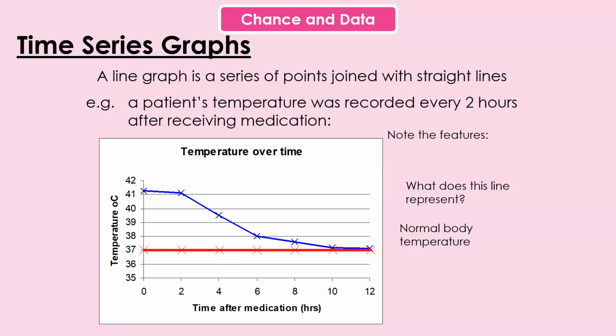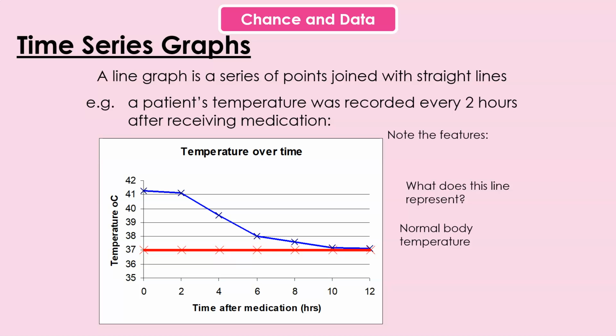So we can see in this situation that the person who was getting measured was quite unwell, and it took them 12 hours to recover to their normal body temperature. And in fact, after 6 hours, they had reduced to only 1 degree above, and even after 2 hours, they hadn't changed that much at all.